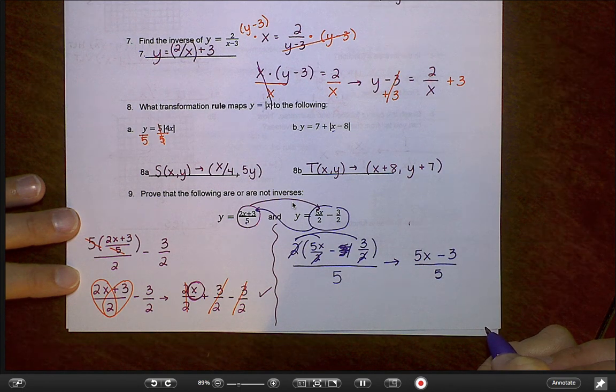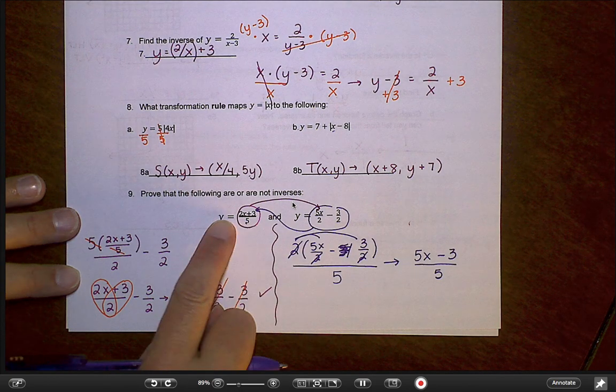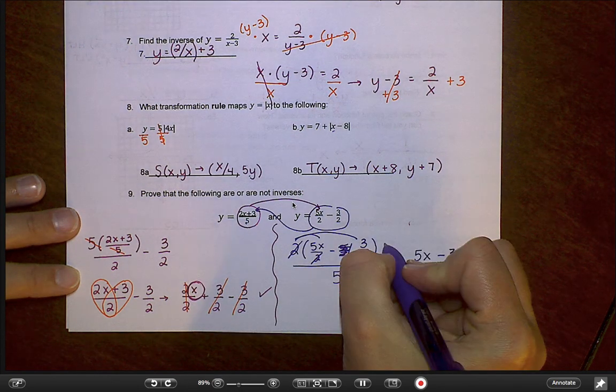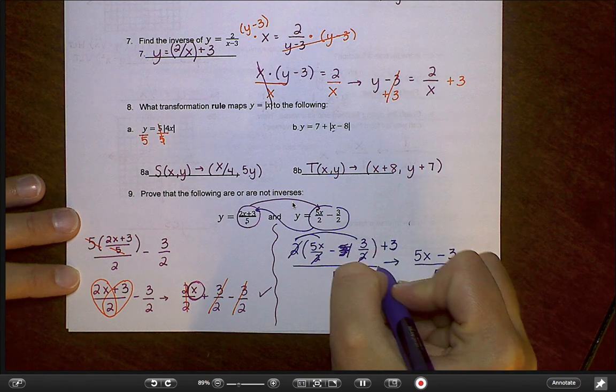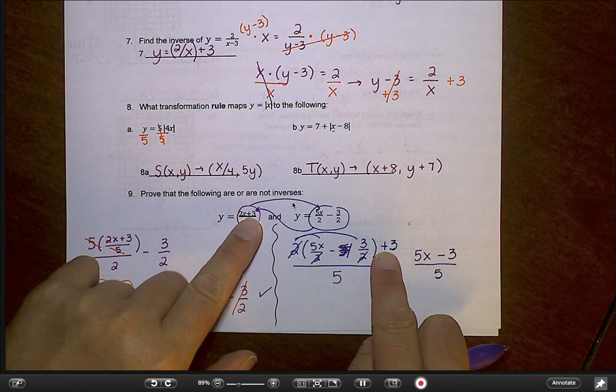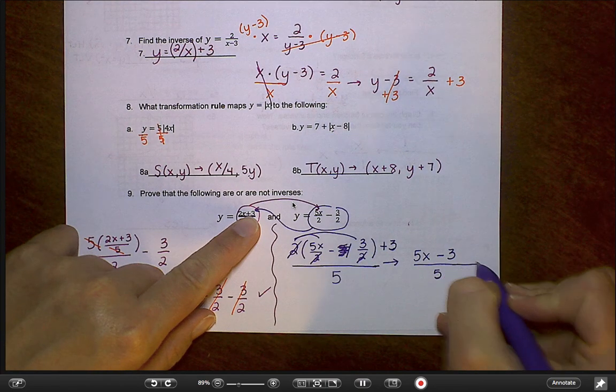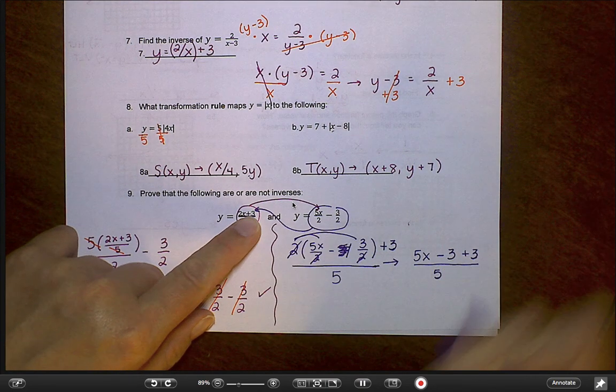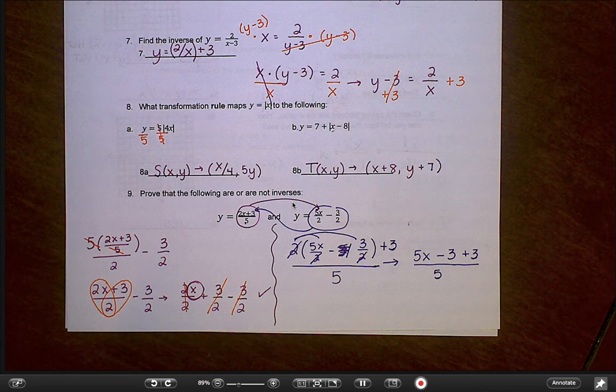Oh, let's see. You know what I did back here? I did 2x. I forgot the plus 3. Maybe some of you were silently yelling at me for that. So from back here, this should have a plus 3 on the end, right? So I should have a plus 3 sitting here. Okay, I thought that wasn't working out the way I expected it to.